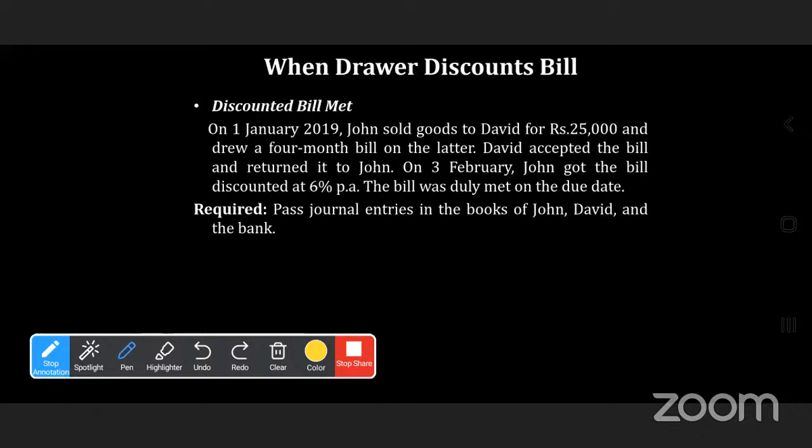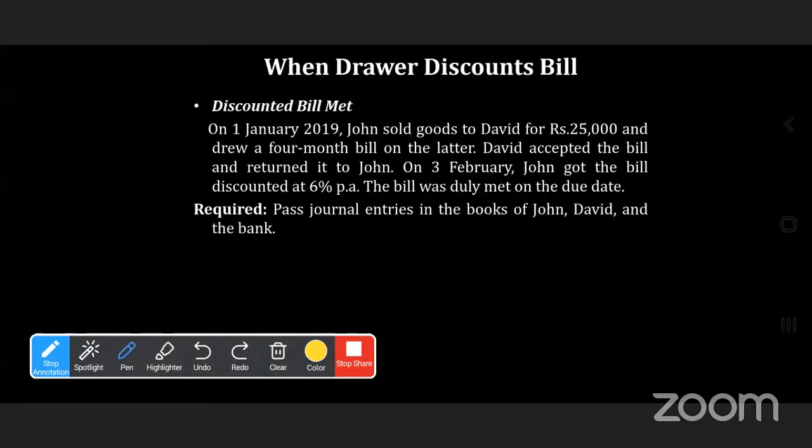Pass journal entries in the books of John, David, and bank. Ma'am, I have a doubt. Tell me. Did he pay the bill before the due date? See, the bill was duly met on the due date. That means on the due date, the drawer has paid the amount.